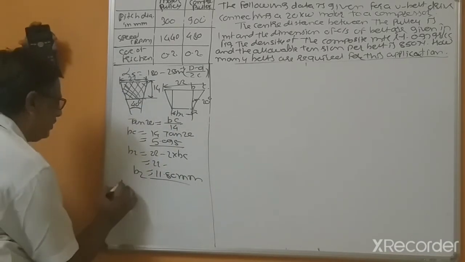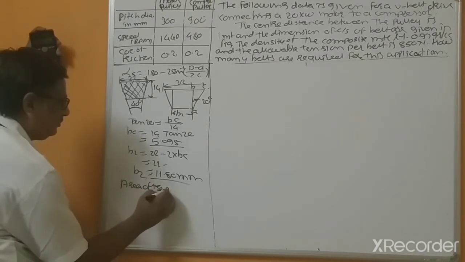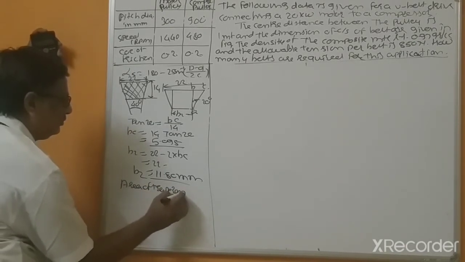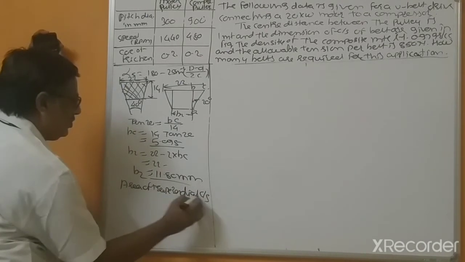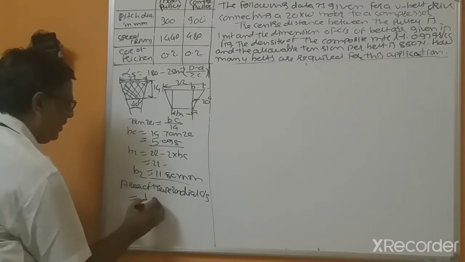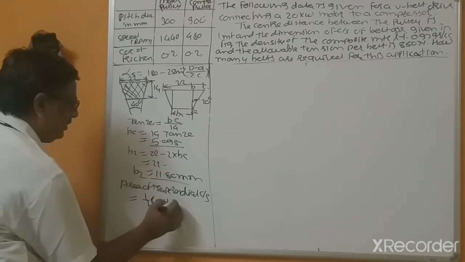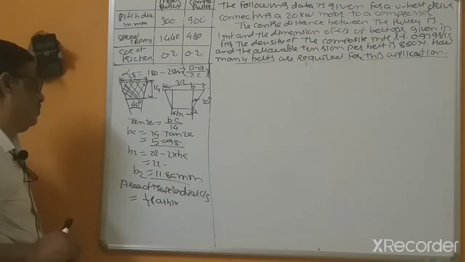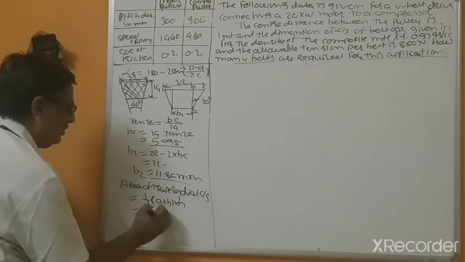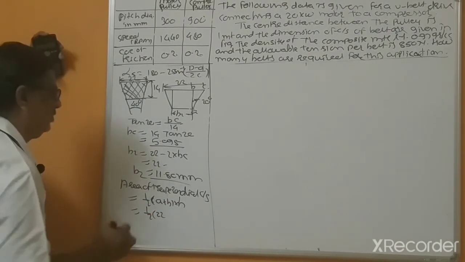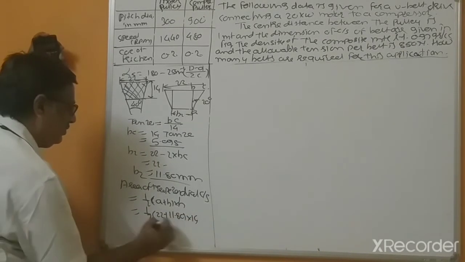Now area of trapezoidal cross section equal to half into (A plus B) multiplied by H. This is 22 plus 11.80, height equal to 14.